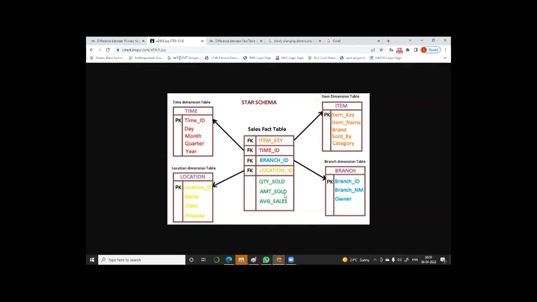Amount_sold, that value also you can easily understand out of the fact table. Average_sales, this is also easily obtained using the fact table only. It means analysis or queries can be answered easily out of the fact table, not out of the dimensional table.